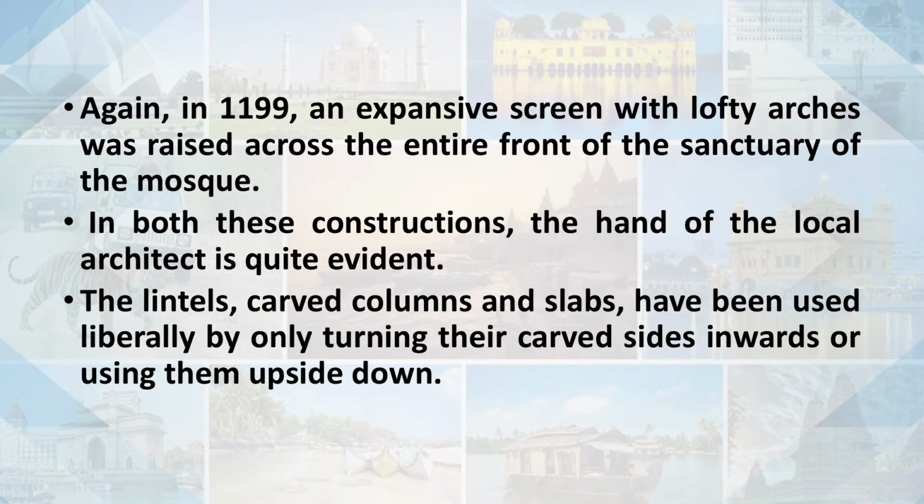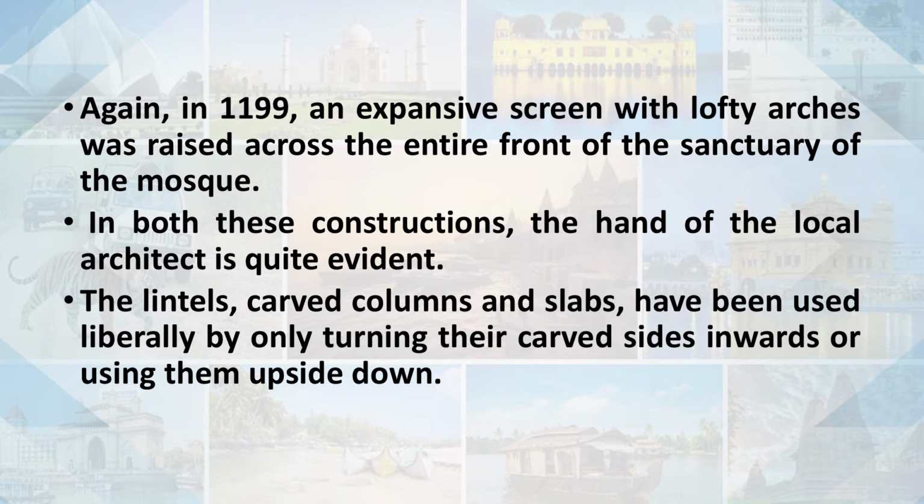Again, in 1199, an expansive screen with lofty arches was raised across the entire front of the sanctuary of the mosque. In both these constructions, the hand of the local architect is quite evident.